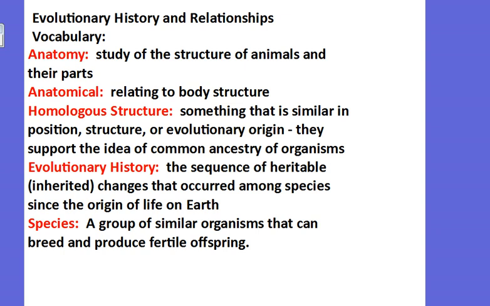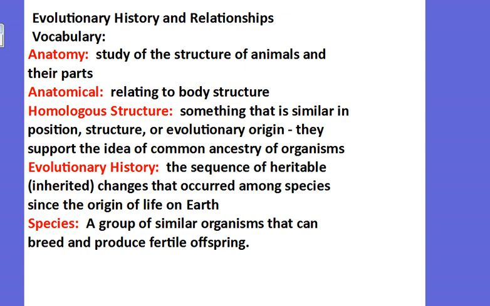Evolutionary history is just talking about a sequence or an order of heritable or inherited changes that occur among species since the origin of life on Earth. So some of these characteristics that we have, they didn't just magically appear, they were inherited. They came from somewhere. And in this case, they came from some common ancestor.